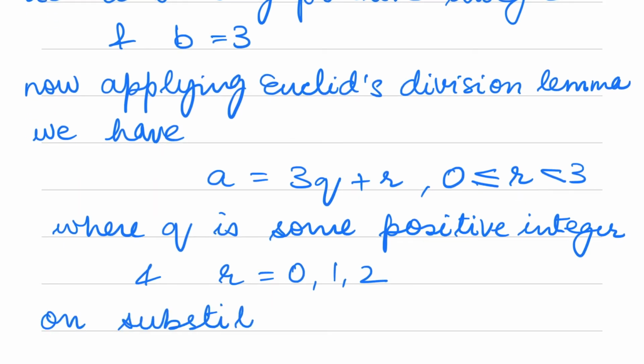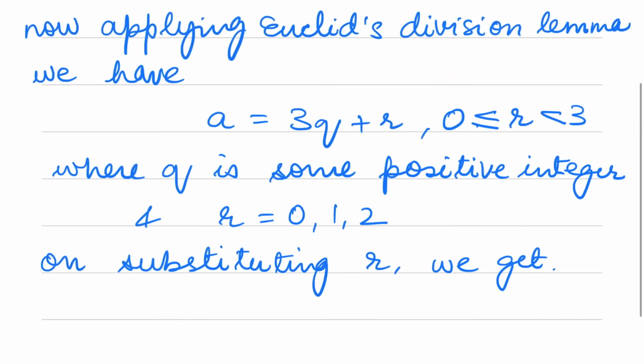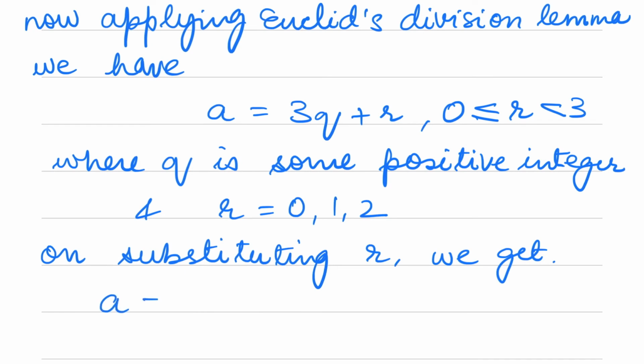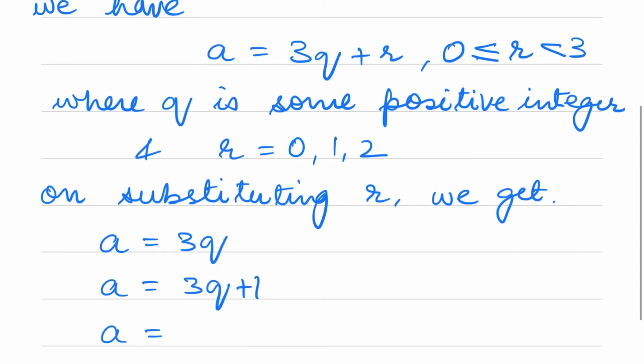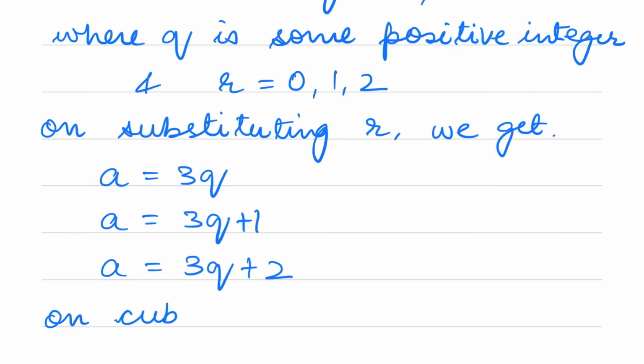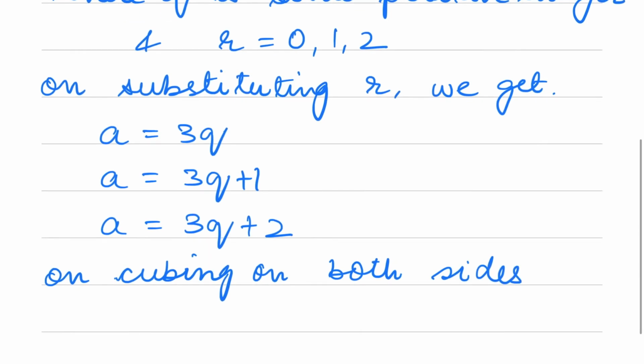Substituting r, we get a is equal to 3q, a is equal to 3q plus 1, or a is equal to 3q plus 2. Cubing on both sides, we have a cube is equal to 27q cube.